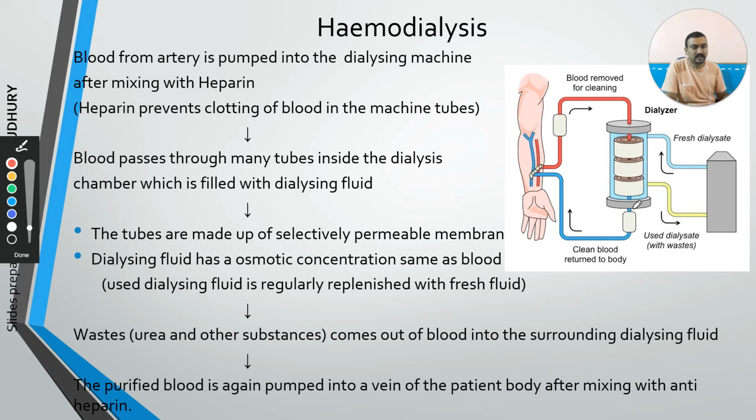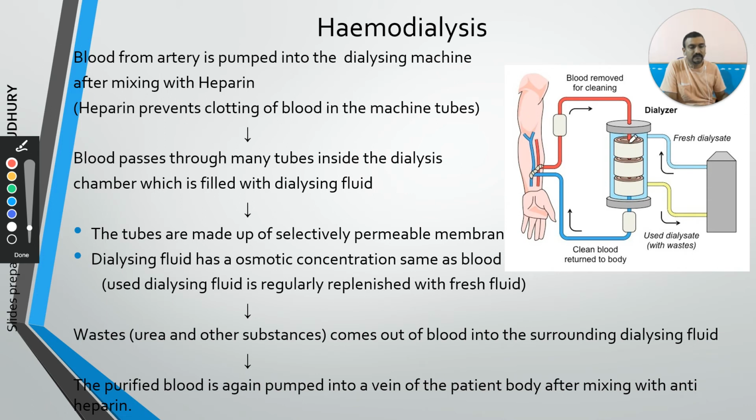First of all, this is a machine called a dialyzer, where a fluid is filled, which is called a dialyzing fluid. This dialyzing fluid has an osmotic concentration very much similar to pure blood. Okay, so in this dialyzing fluid, fresh dialyzing fluid is regularly introduced and some used dialyzing fluid is taken out.